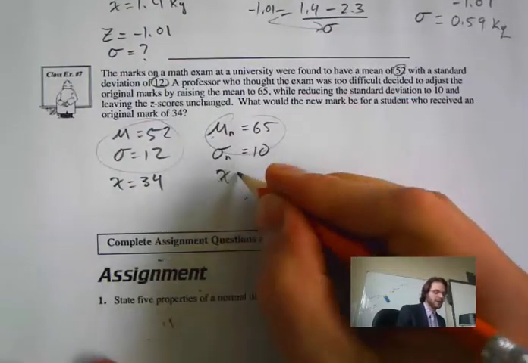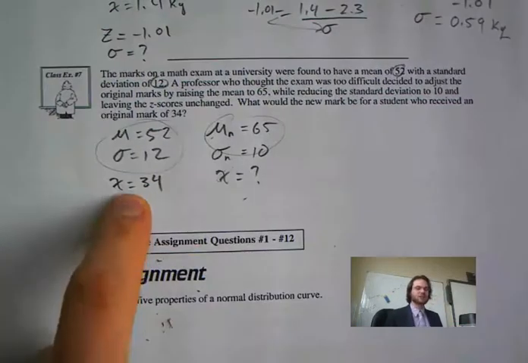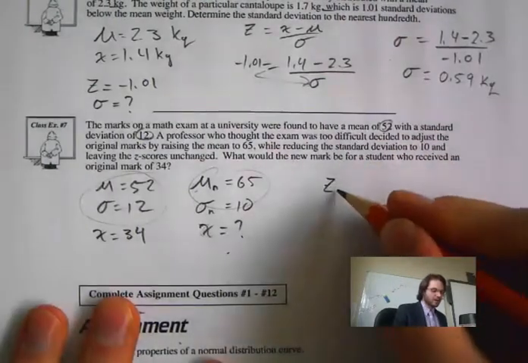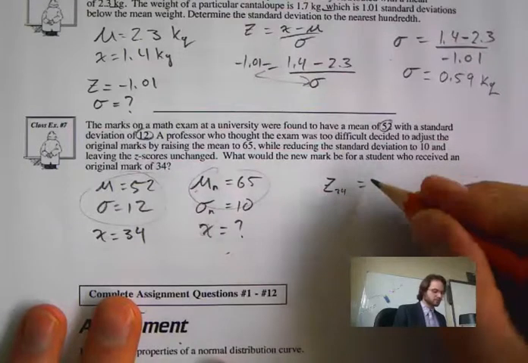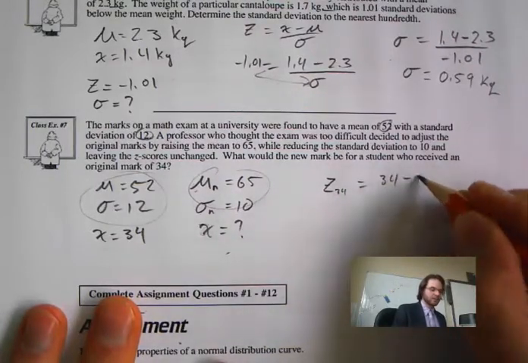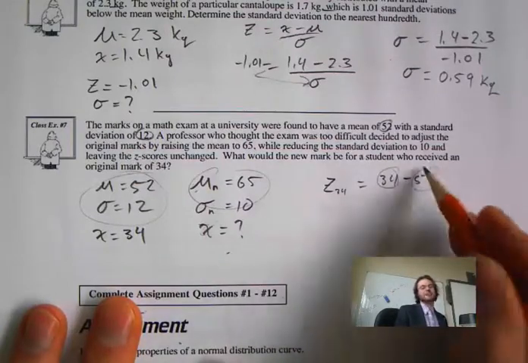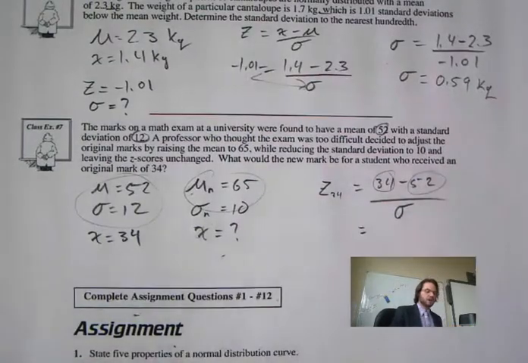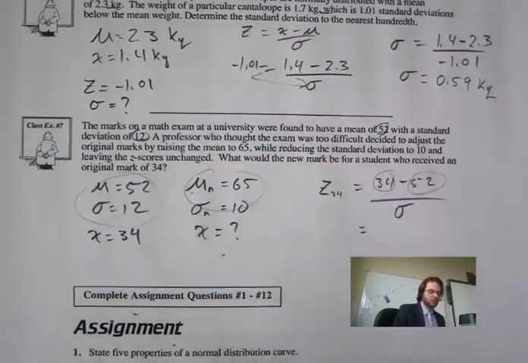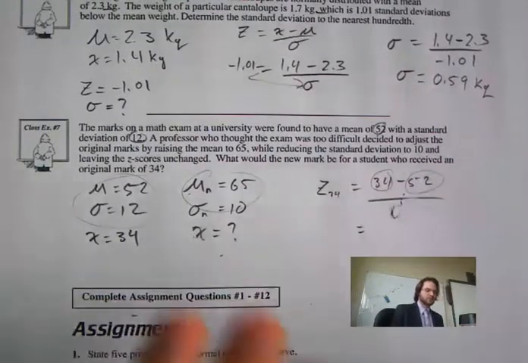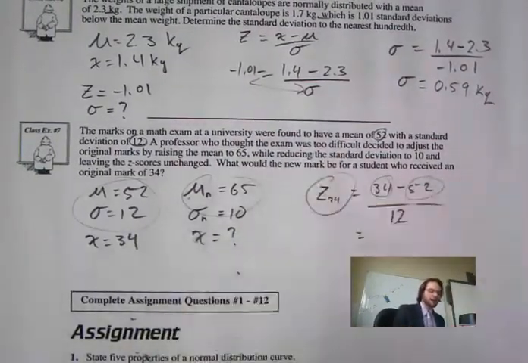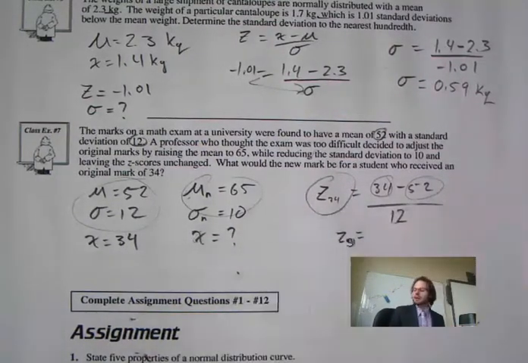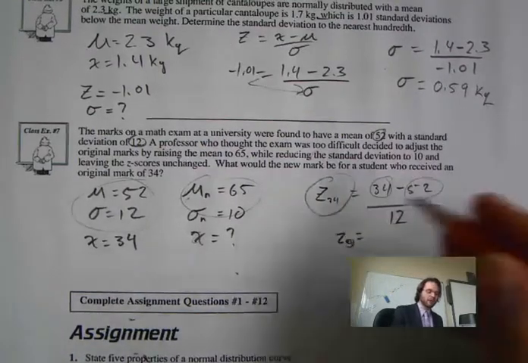The Z-score of the student is 34 minus 52, the student's mark subtract the average, because we want to know how far away it is from the average by the standard deviation, which is 12. My Z-score for this 34 mark is equal to negative 1.5.